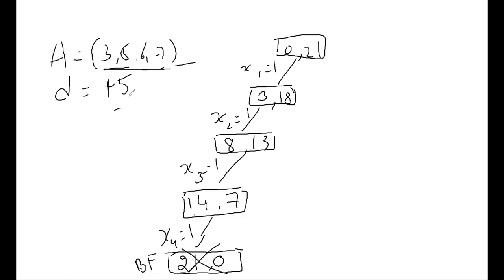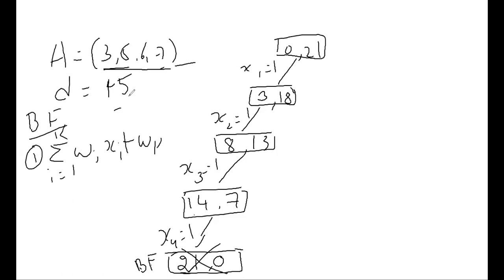So what is the bounding function? The bounding function over here is the summation of wi xi for i equal to 1 to k, plus the next element, w(k+1), and this should be less than or equal to d. Okay, so this is the bounding condition.